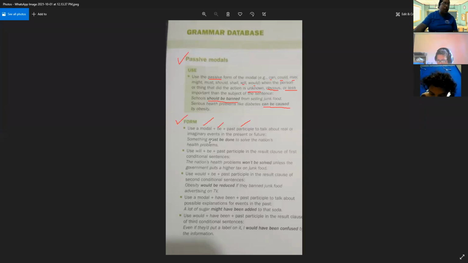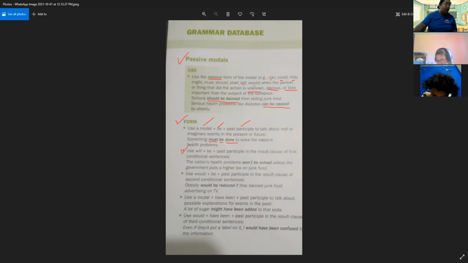Aquí tenemos entonces en el ejemplo, el modal sería must, tenemos el be y tenemos el verbo en past participle. Something must be done to solve the nation's health problems. Algo se debió haber hecho para resolver los problemas de salud de la nación, ¿ok? Estamos hablando sobre un evento que estamos imaginando, pero que también puede ser real en el futuro, ¿verdad?